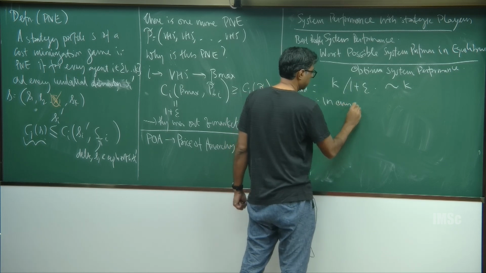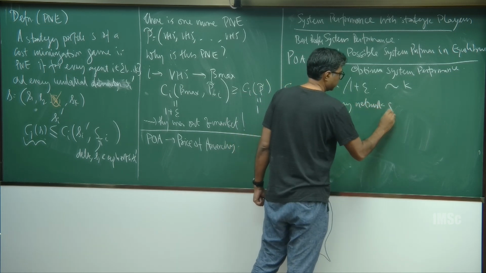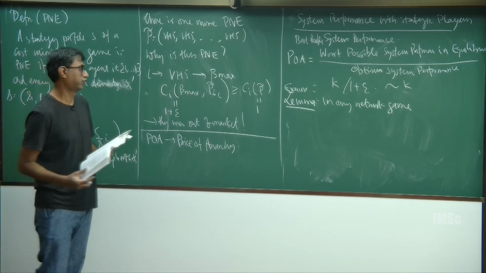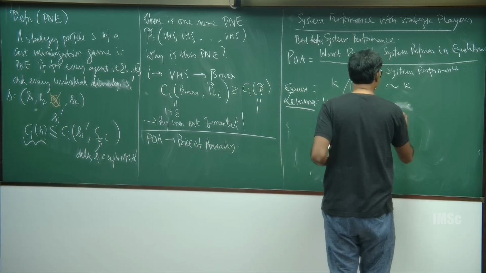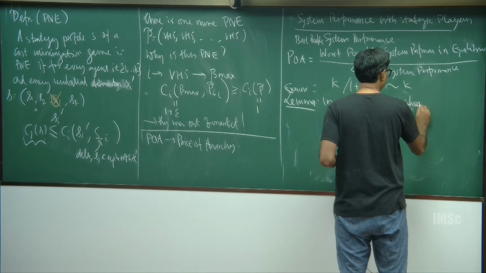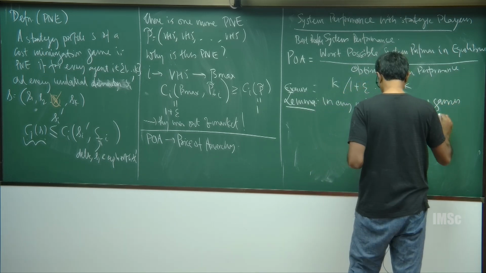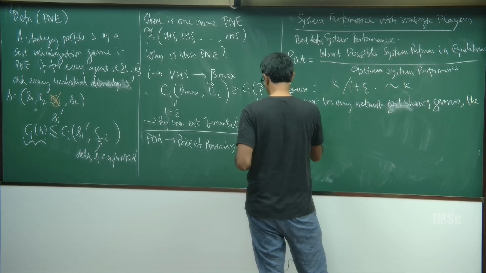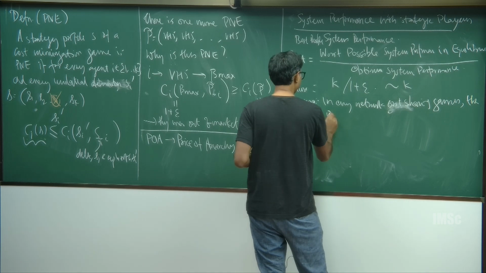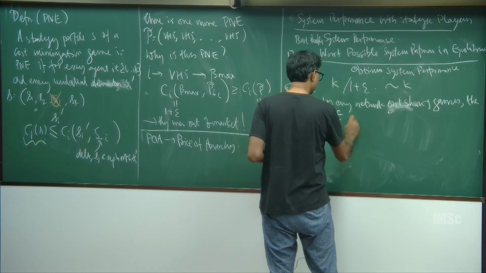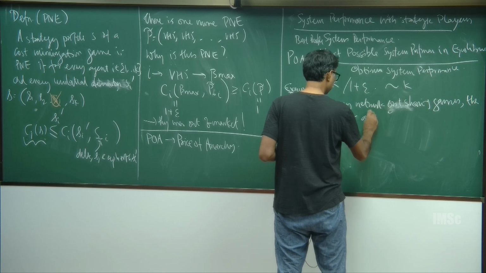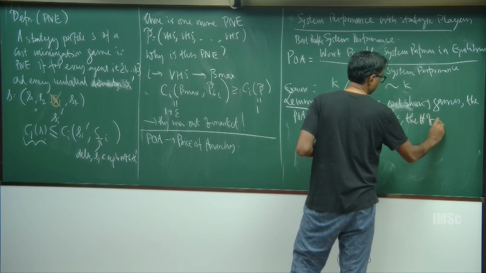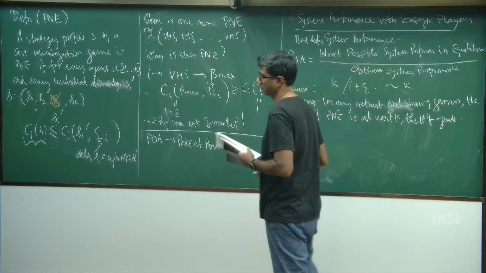In every network cost sharing game, because this is what we are doing, the price of anarchy of pure Nash equilibrium is at most K, the number of agents. That is all that I want to say, right.